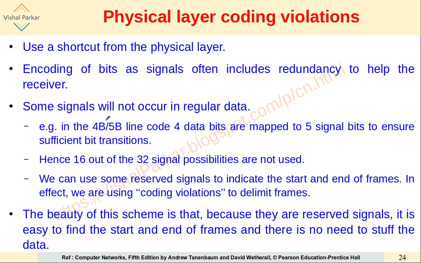Some special codes are used. One such code is 4-bit to 5-bit. It means 4 bits of information will be transmitted as 5 bits of information, so 1 bit will be additional. Effectively, in a sequence of 5 bits, the information will be only 4 bits.